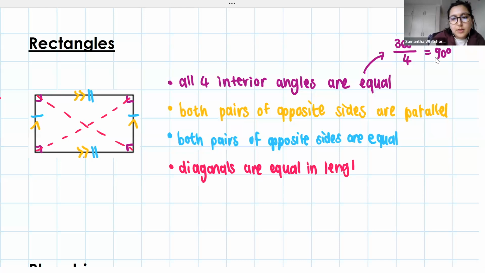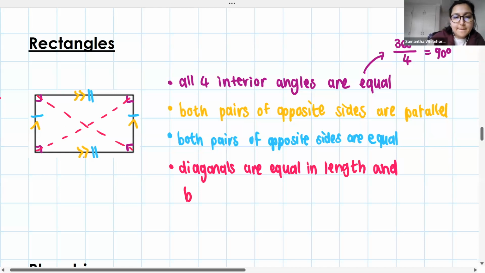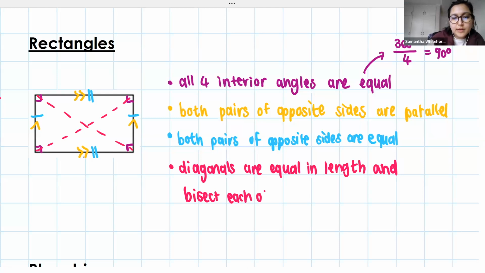And not only are they equal in length, they also bisect each other. And so what that means is that when we cut these diagonals in half, all of those parts are actually the same length because they're equal.